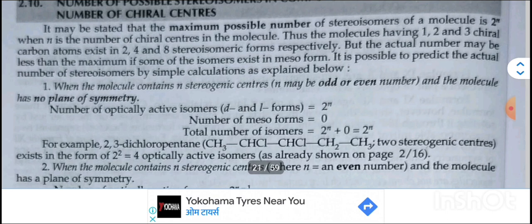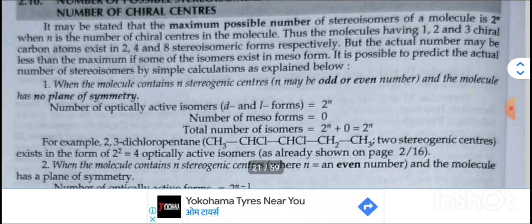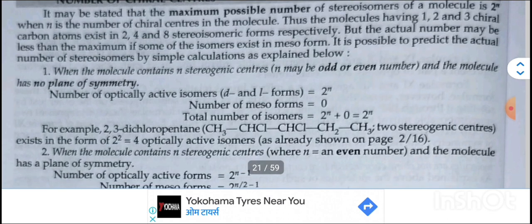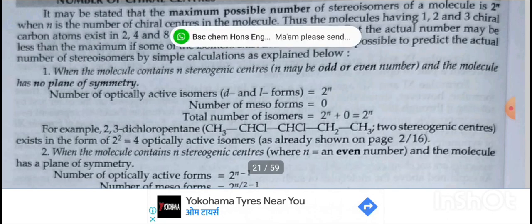But the actual number may be less than the maximum if some of the isomers exist in meso form. It is possible to predict the actual number of stereoisomers by simple calculation, as explained below.